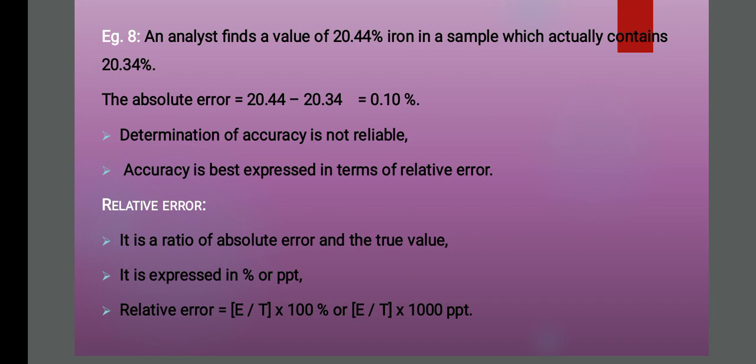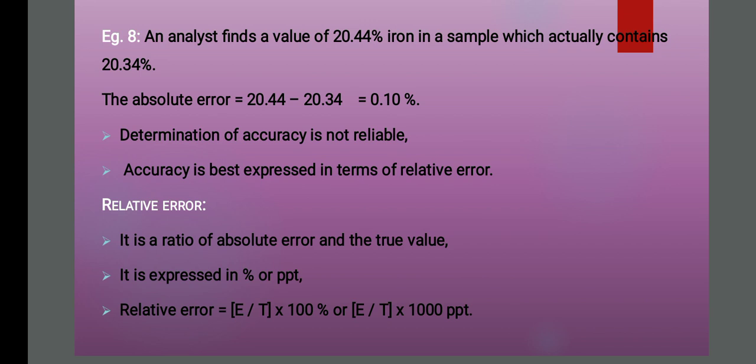So using this formula we can calculate a problem. It's clear now? Yes. So initially absolute error was used. Later they found that absolute error was not very accurate. So using absolute error, they modified it to relative error. And relative error is nothing but absolute error divided by true value.